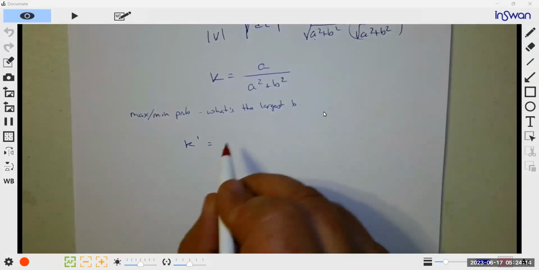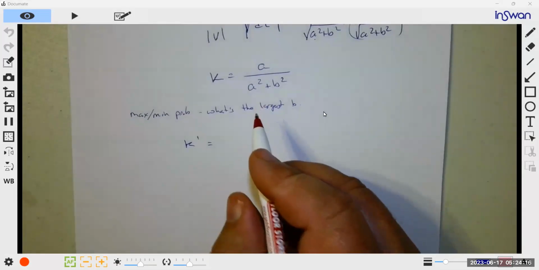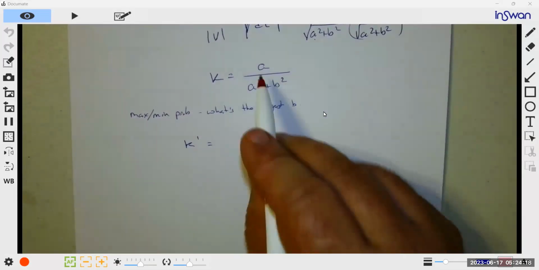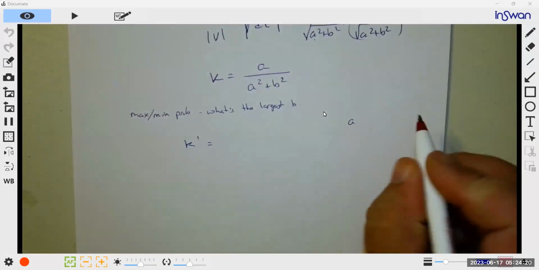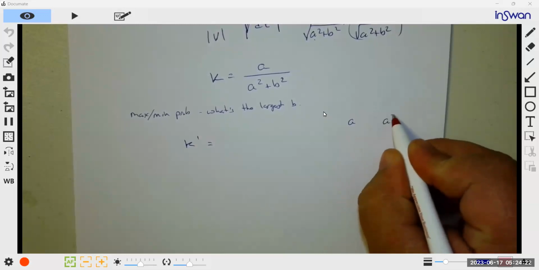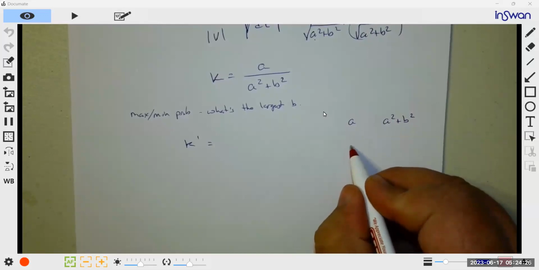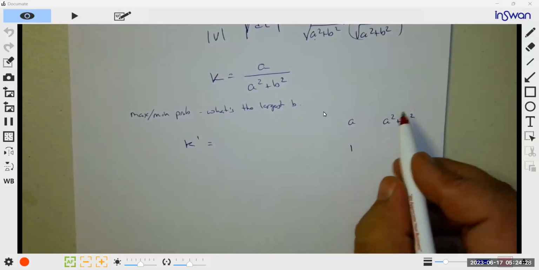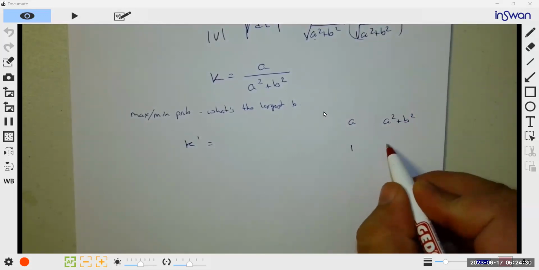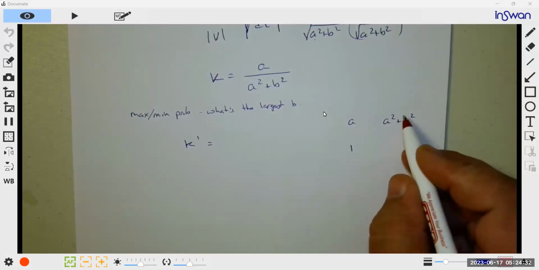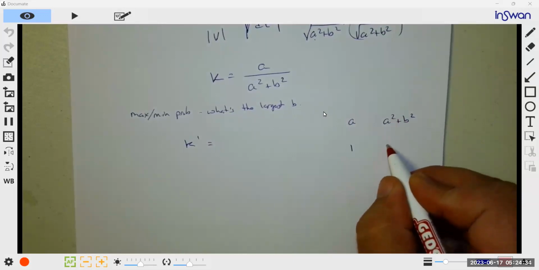So to take the derivative of k, we have the numerator and the denominator. The derivative of a is 1. The derivative of a squared plus b squared is 2a.